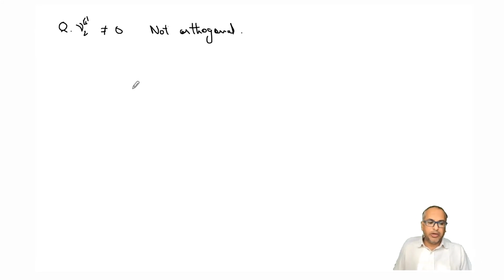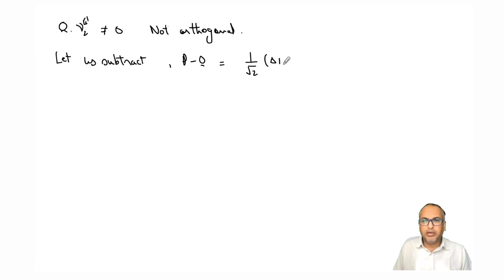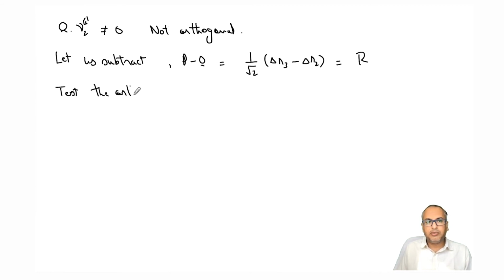Okay, so now what do I do? Let us do a hit and trial. Let us subtract P minus Q, and what do we get here? We will get, after normalization, 1 over root 2 times delta R3 minus delta R2. Okay, now let us call it R. Now let's test the orthogonality between R and nu2 E prime.